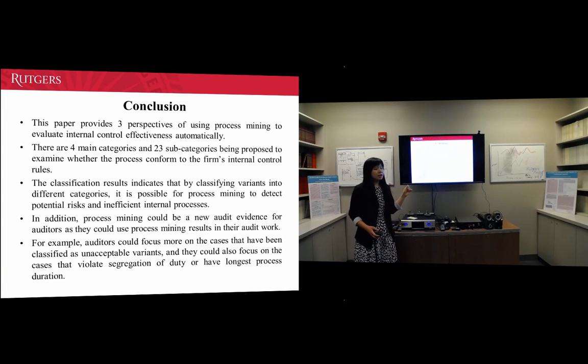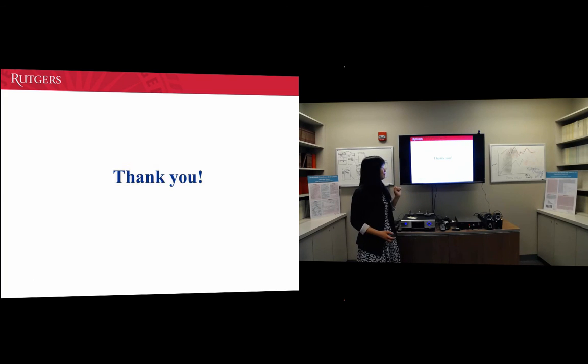And process mining could be a new audit evidence, since auditors could use the results of the unacceptable variance, the longest process duration, or the ones that violate the segregation of duty, and pay more attention to these kinds of case IDs. Thank you.